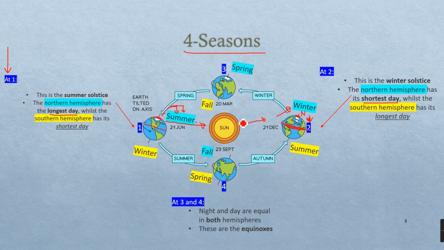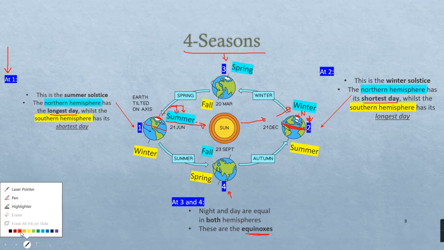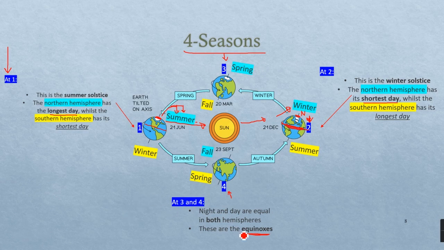And now if you take the mid positions, where the Earth is centered on positions 3 and 4, we call them the equinoxes, where the Earth is between the Sun at the northern and the southern hemisphere at an equal distance from the Sun, which splits the day and night into exactly equal times in both hemispheres.